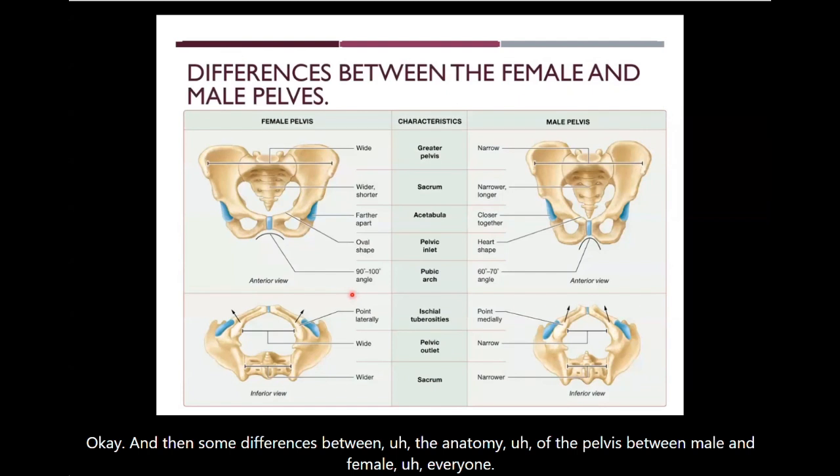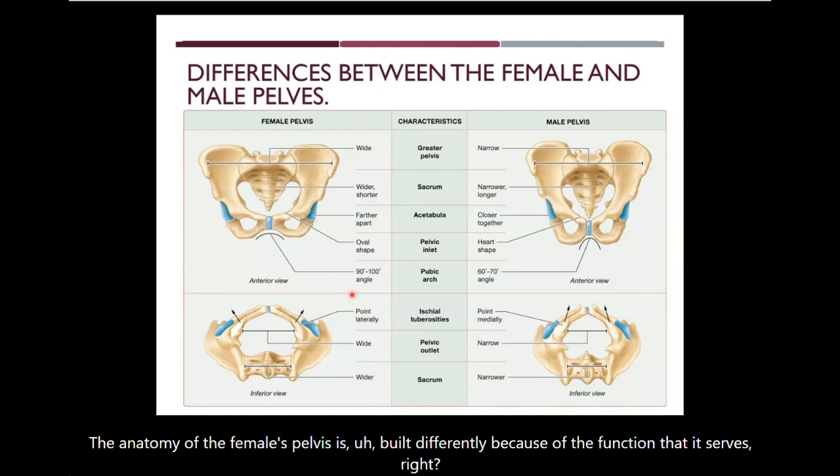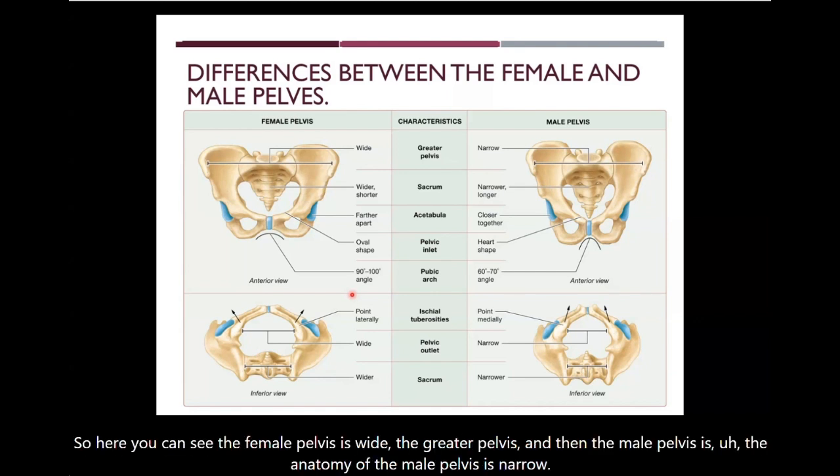And then some differences between the anatomy of the pelvis between male and female, everyone. You can tell the anatomy of the female's pelvis is built differently because of the function that it serves, right? To give birth, obviously. So here you can see the female pelvis is wide, the greater pelvis, and the male pelvis is narrow.